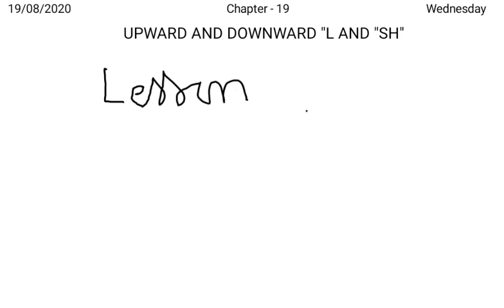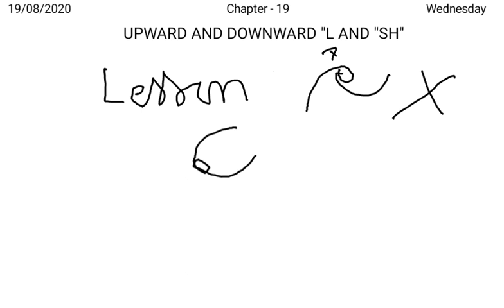Now, if you write upward L, what happens? Circle is going in this direction. Now, if you have to write N, you have to change the direction, come back and write. It gives awkward joining. Instead of that, if you write downward L circle, you can move forward and write N. It gives good joining. Here we prefer downward L.